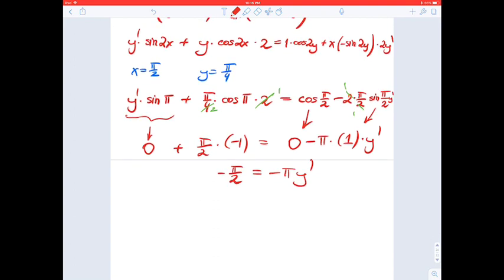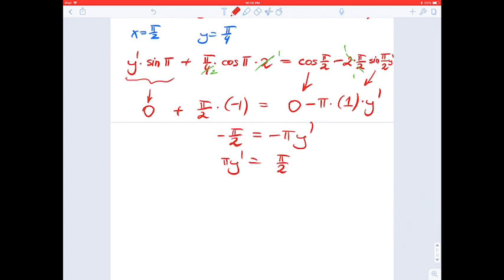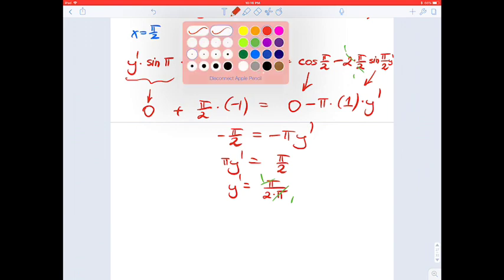And what we can do, maybe I can switch the sides. Actually, negative and negative will give me positive if I divide. And I can divide both sides by pi. Of course, it's silly. I don't even have to write it down.